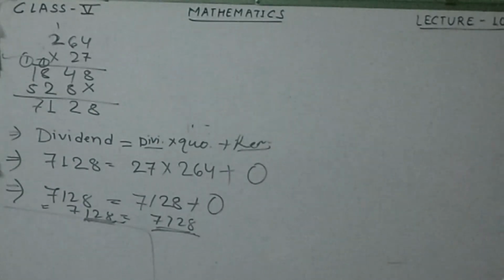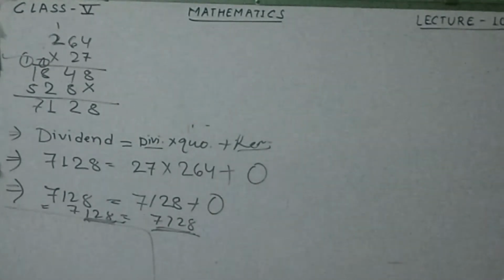Today I will just explain what profit is and what loss is. Students, profit means if a shopkeeper sells at a price higher than the buying price, a profit is made, and if he sells at a price lower than the buying price, then a loss is made.